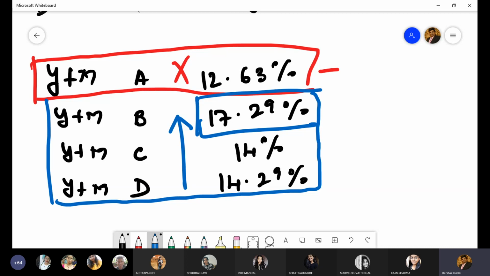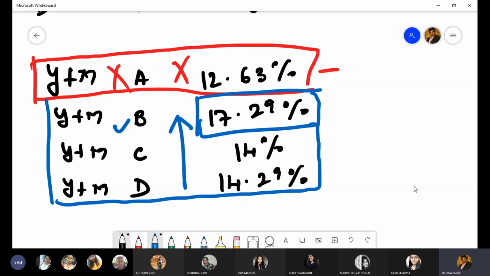B, C, and D are fulfilling. So now we have to select whichever YTM is higher. So we selected bond B. Is this correct? Is this understood? Yes, sir.